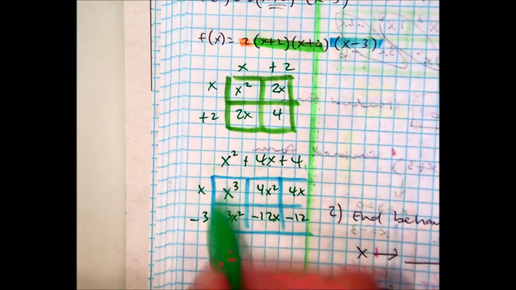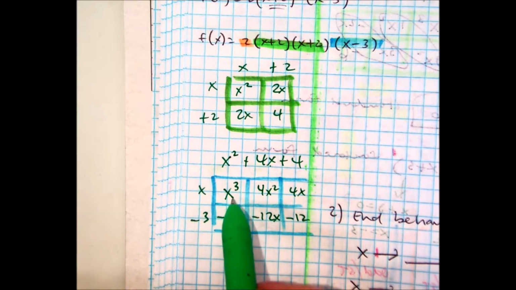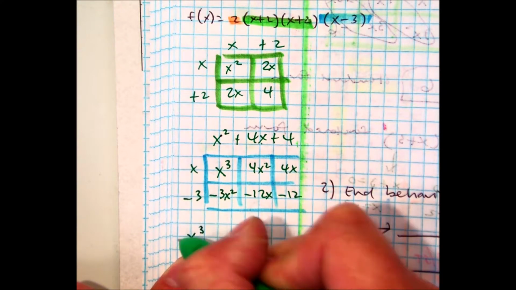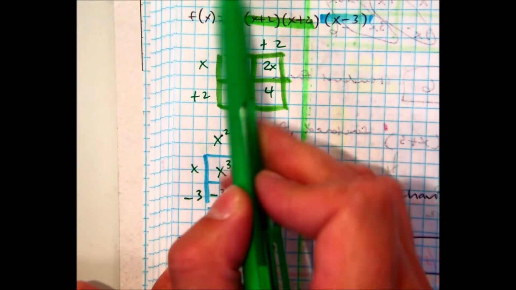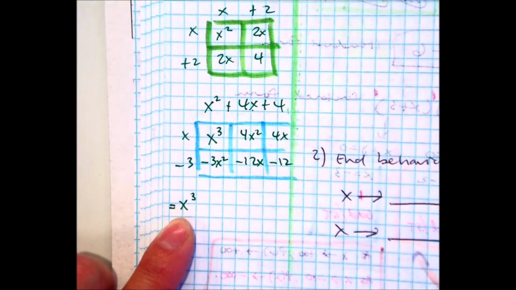And now I can just combine like terms or add what's inside. So does x to the third have any like terms? Let's write x to the third. I'm putting equals because I'm saying that this expression, once I expand all of it, is here.